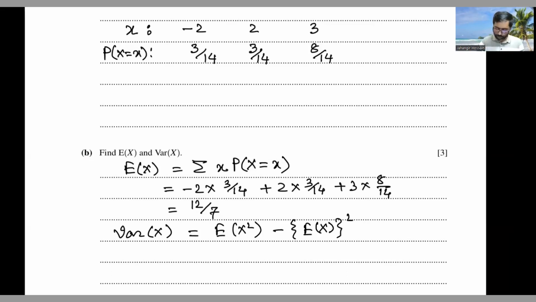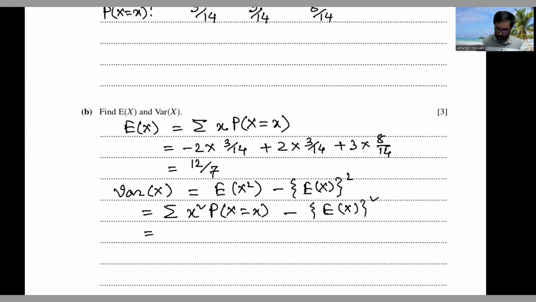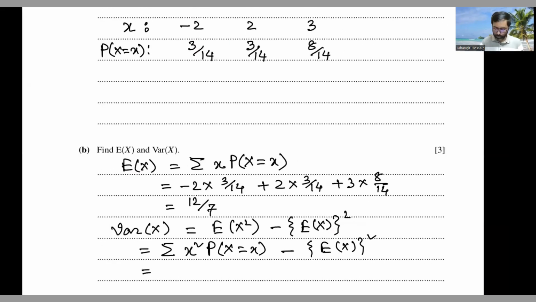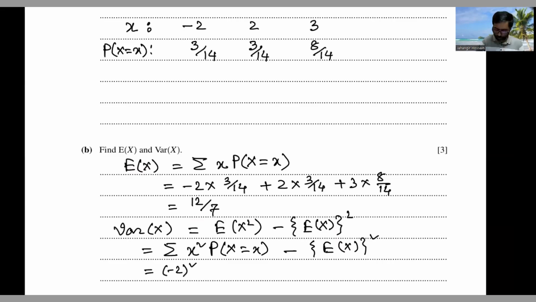To find E(X squared), the formula is the summation of x squared times probability. So, x squared: (-2) squared into 3 by 14 plus 2 squared into 3 by 14 plus 3 squared into 8 by 14, minus the mean squared.